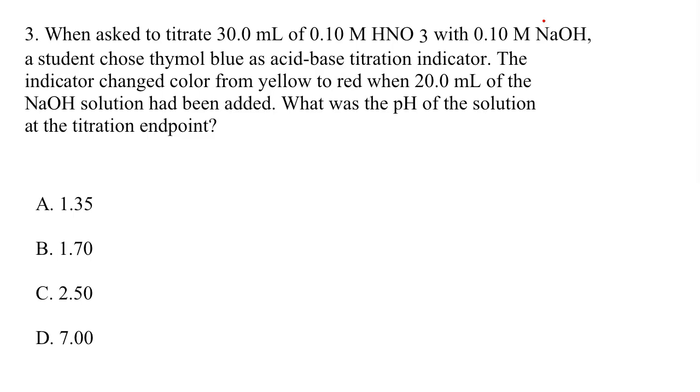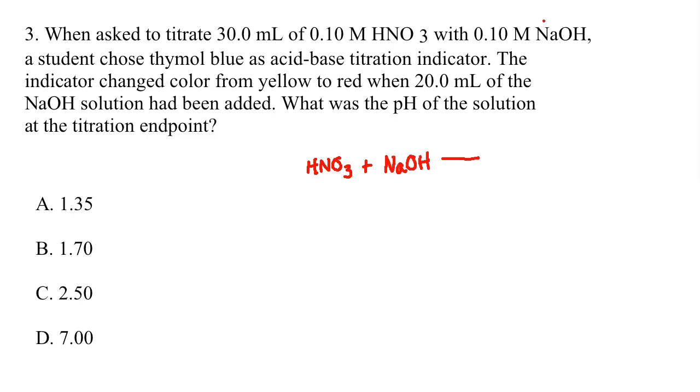So what you need to do here is use a little bit of math. We were asked to titrate 30 mils of 0.1 molarity HNO3. So in order to figure out the moles of HNO3, we first want to realize that we have HNO3 and NaOH being added together.